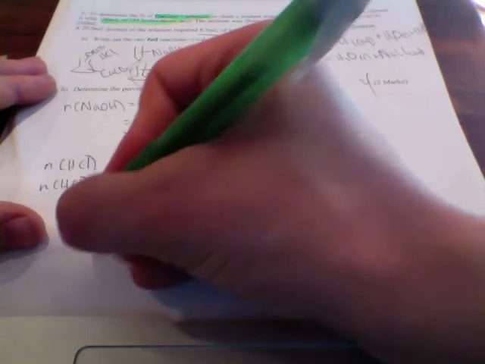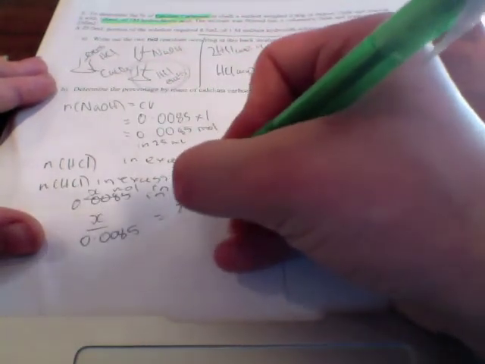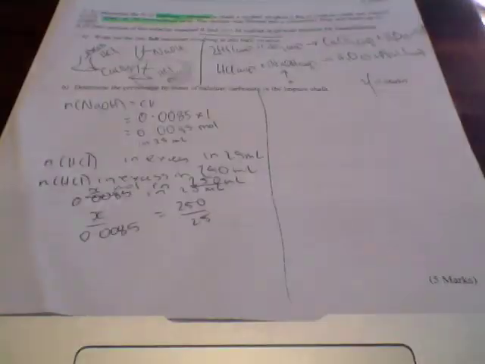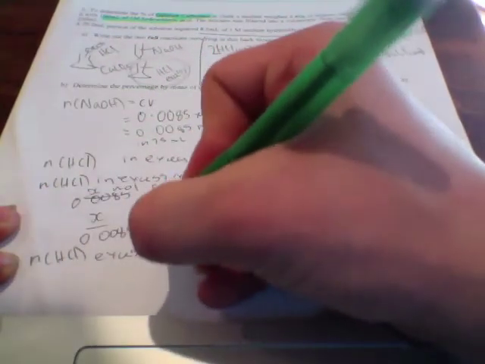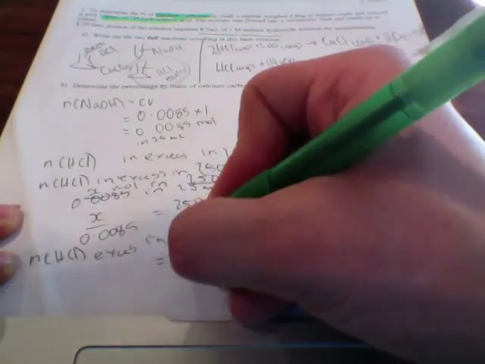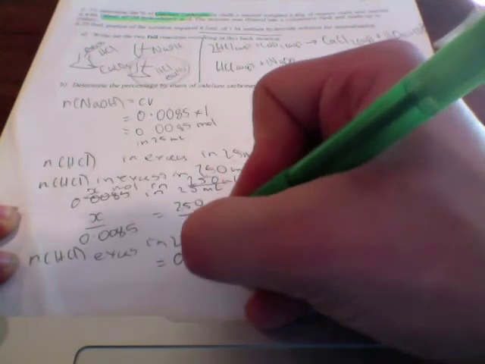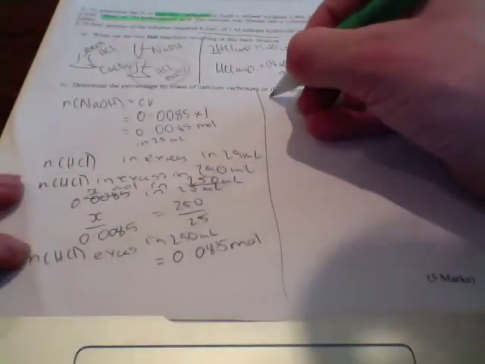And we can just simply turn this into a ratio. So we just times it by 10, really. So the mole of HCl excess in 250 millilitres equals 0.085 mole.